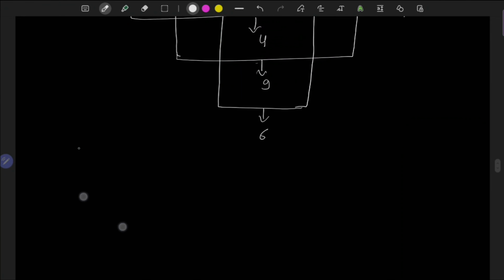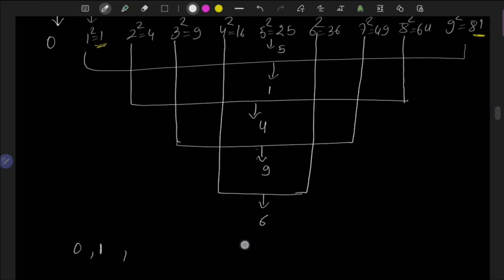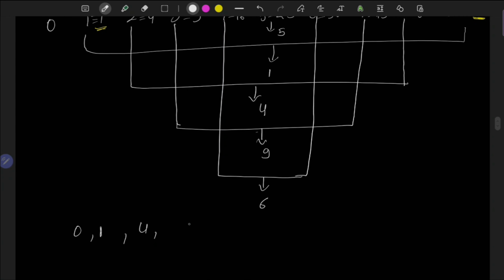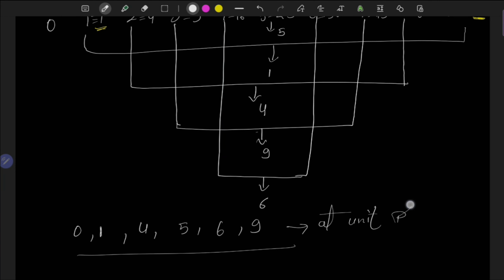It means 0, 1, then 4, then 5, 6, and 9. If these are the numbers at unit place, it means they can be a perfect square.